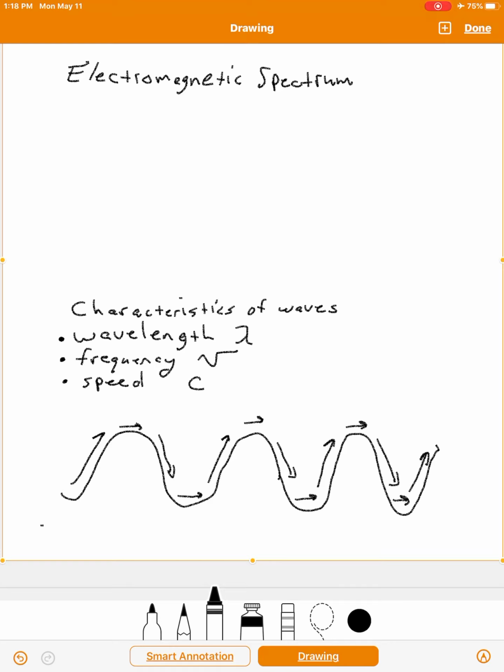So imagine that horizontally, this is distance. Or if you want to use the term length. Okay, now what are the units of distance or length? They could be meters or centimeters or inches or feet or miles.